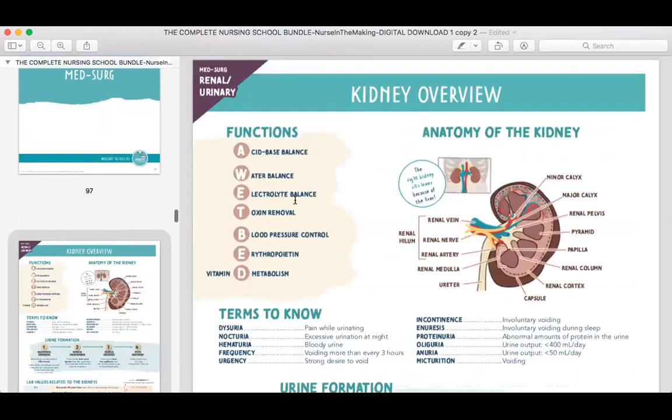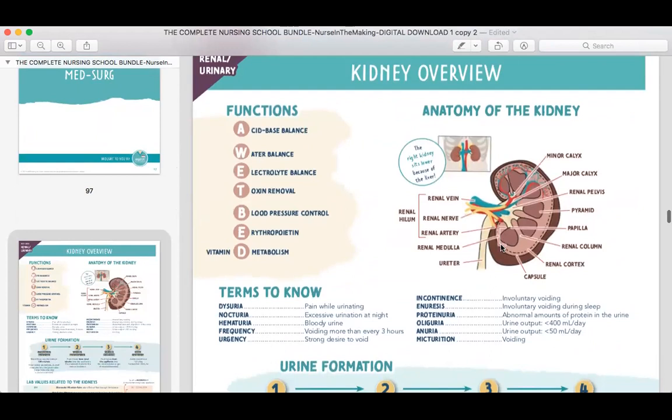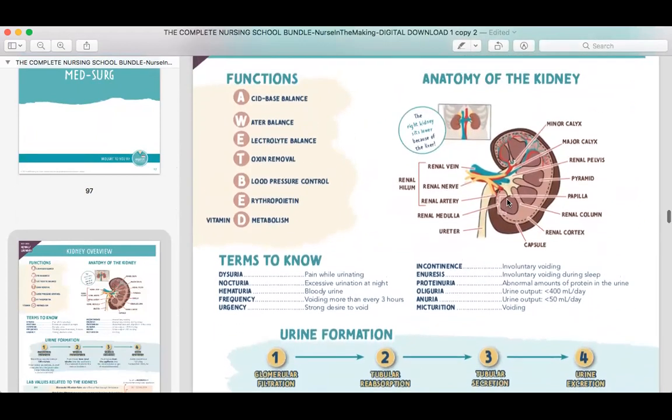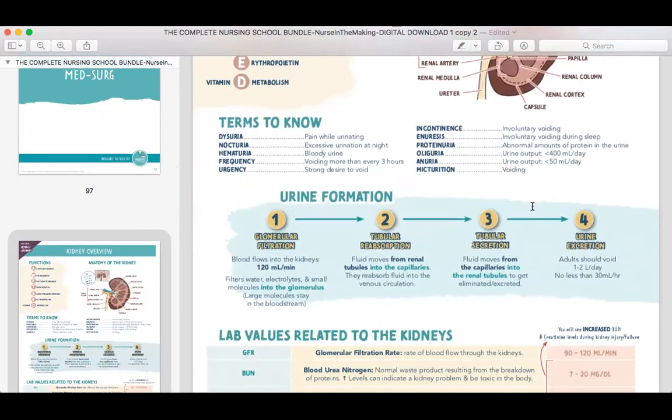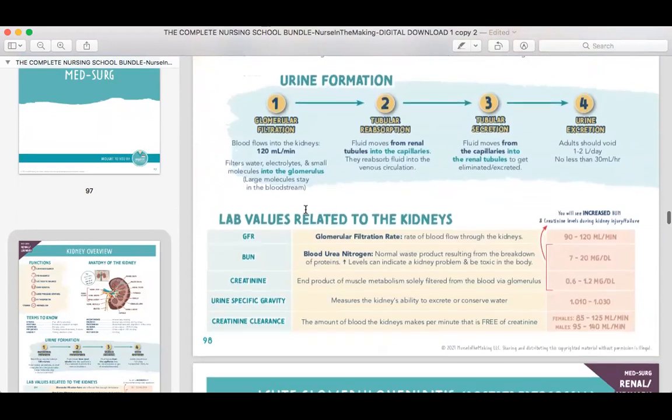Okay. So this is your urinary system. You have your kidney right here, right? With your kidney, you do have a lab value, which is your GFR, glomerular filtration rate, and filtration rate is the rate of the blood flow through the kidneys.